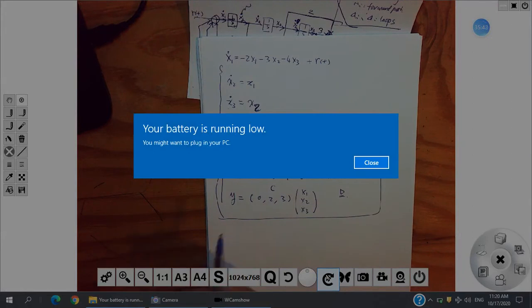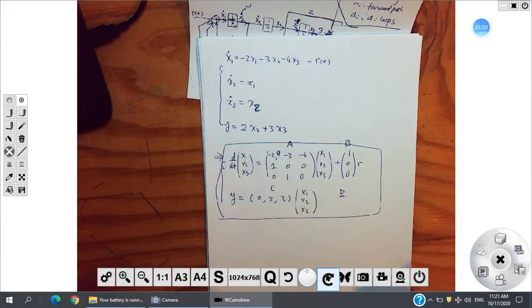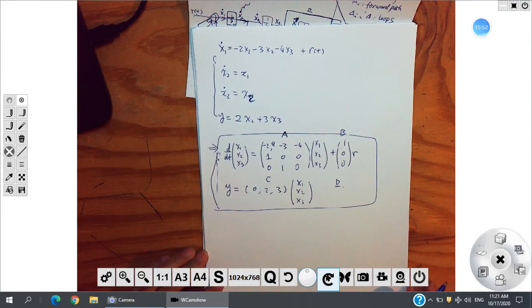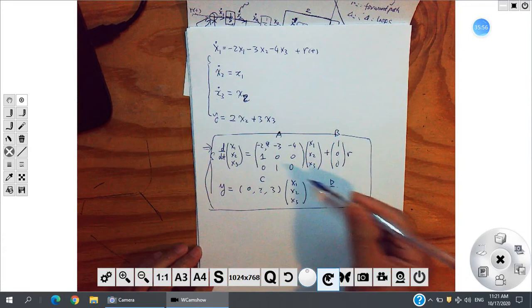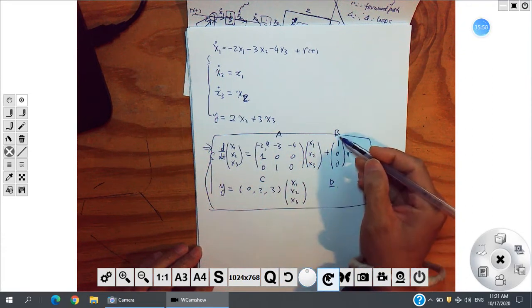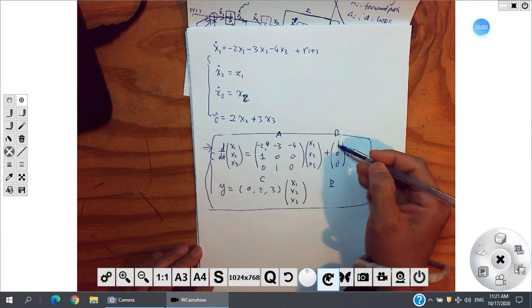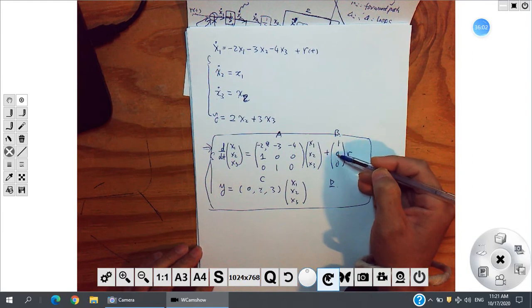For the controllable canonical form, they have something special here. B always looks like this. It's 1 and some zeros.